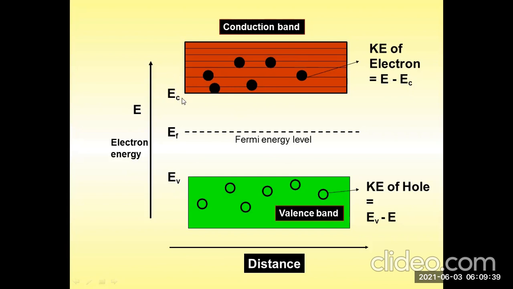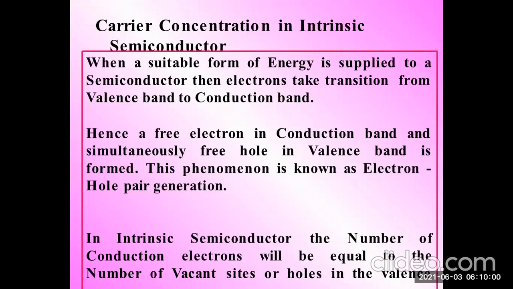Clear, everybody? So the kinetic energy of the electron is given by E minus EC, and the kinetic energy of the hole is given by EV minus E.